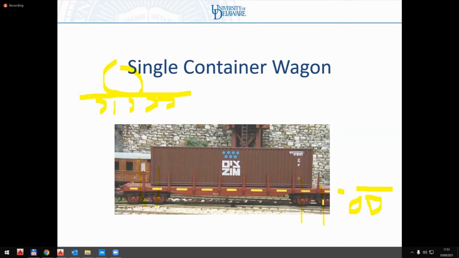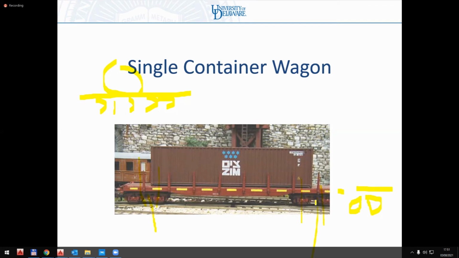You can have it down as 2 meters, so it can be 2 to 4 meters. The distance between bogies in a wagon can be of the order of 10 to 20 meters.